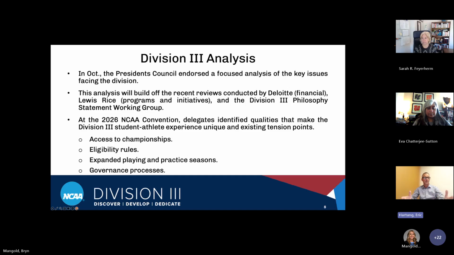The model in Division III was recently changed, just within the last few years, to move to that days model away from a weeks model, providing increased access for student athletes to participate, especially in the non-traditional segments, and the impact of this new model on facilities, not just facilities, on support staff, athletic trainers, as well as athletic sports communicators, and just the overall balance between academics and athletics.